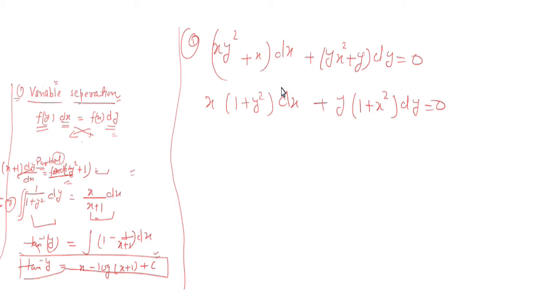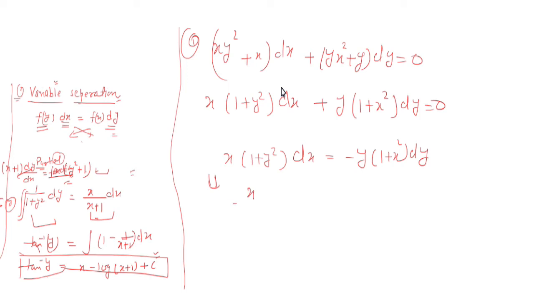So if you see this equation, you can write this as x times 1 plus y squared dx plus y times 1 plus x squared dy equal to 0. Now in the next step we will separate x terms on one side and y terms on the other side.